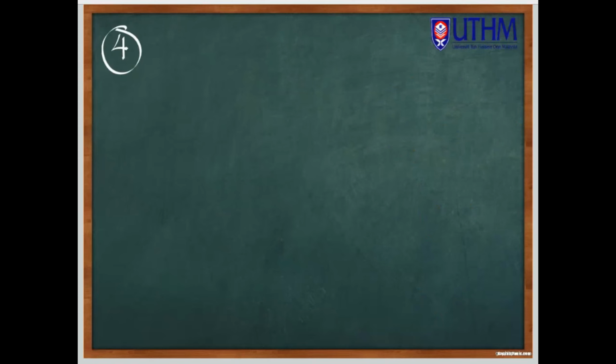Let's move to example number 4. It is just a bit longer. If we are given a function of y equal to cos cubed in bracket x cubed minus 5x squared plus 2, we can solve it by using the chain rule.